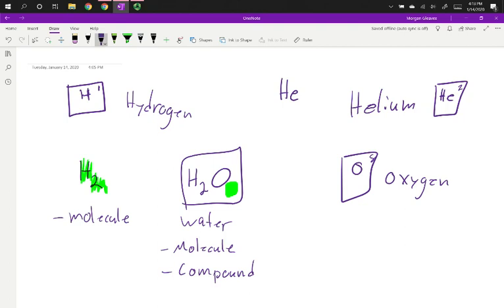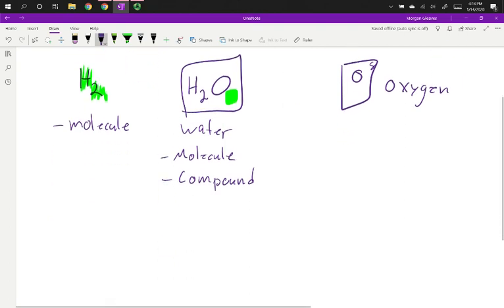There are other compounds that we see regularly in society. Carbon dioxide, CO2, is 1 carbon and 2 oxygens. Methane, a fairly common natural gas if you have gas heating, is 1 carbon and 4 hydrogens.